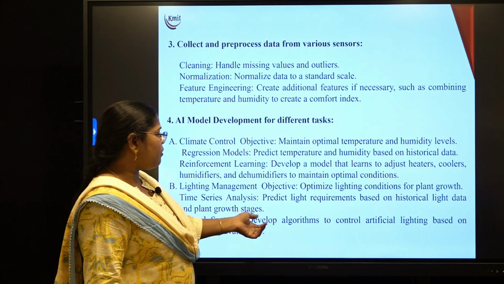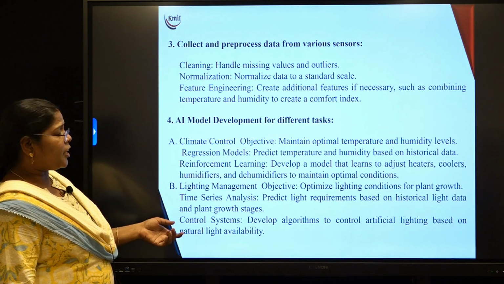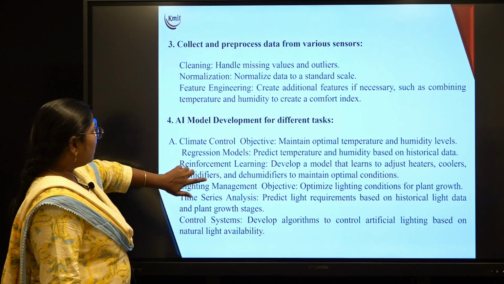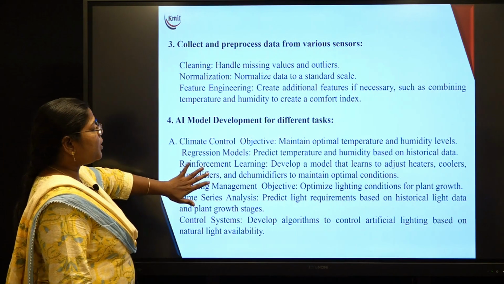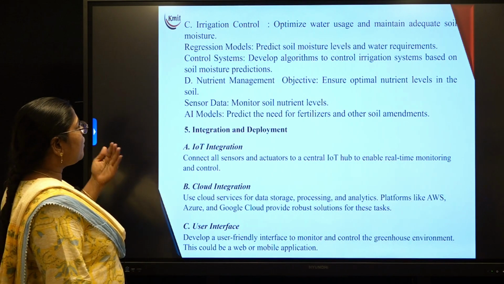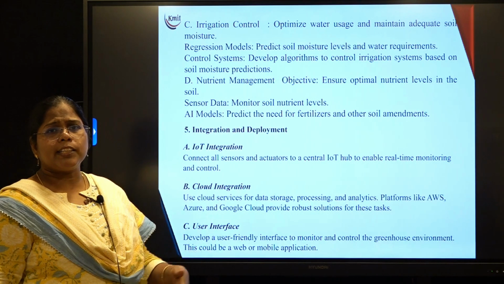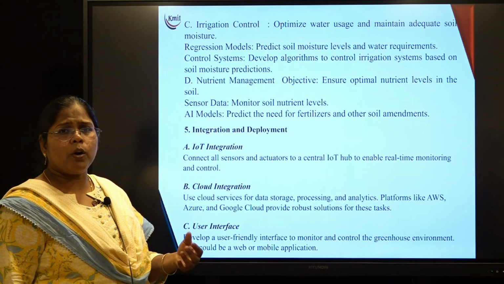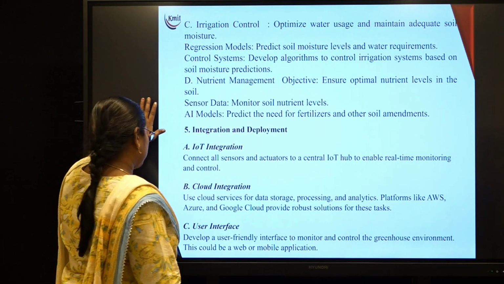Control systems develop the algorithms that control the artificial lighting, and regression models are used to predict the humidity and temperature from the historical data. We start developing classification models, regression models and clustering models to solve all the problems of the greenhouse.